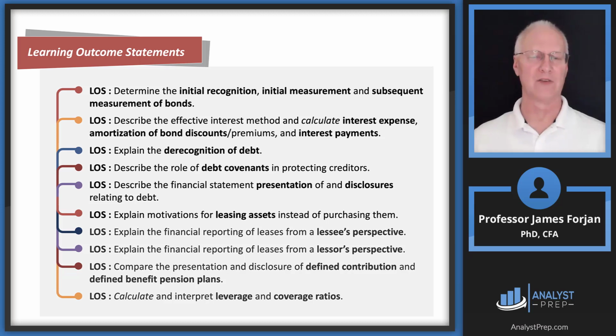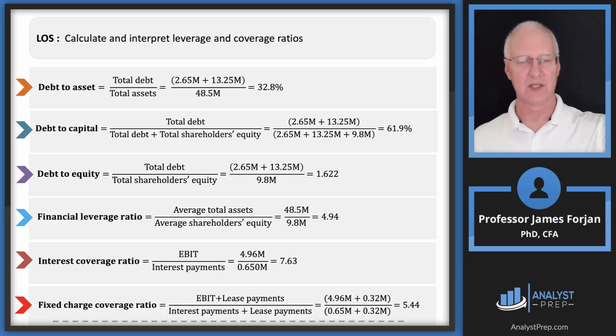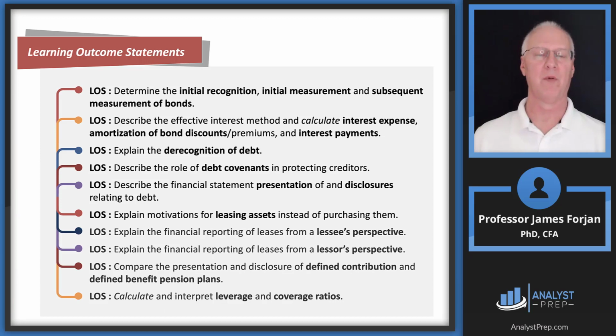Lots of them I just knew because I teach, but some of them, like the fixed charge coverage ratio, you have to do operating income plus the lease payments, and then interest payments and lease. I typically don't teach that in class. And so for those of you who are not professors, do a good job of memorizing all these things.